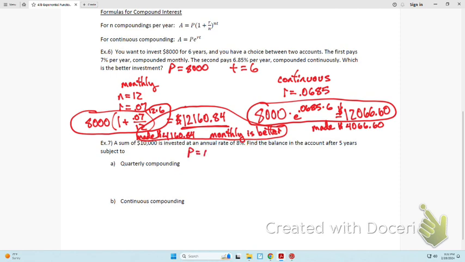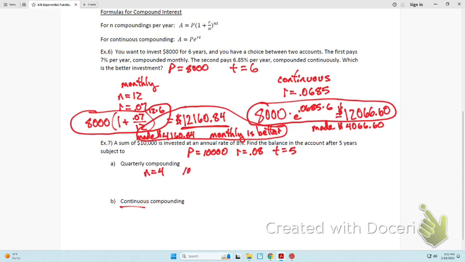P is 10,000. R is 0.08. And T is 5. We're doing quarterly, so that's N equals 4. And we're doing continuous.